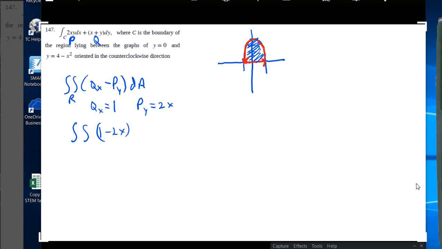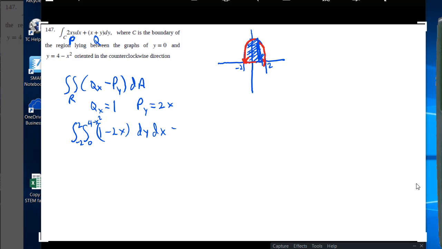And describing this region, like we did in an earlier chapter, we'll let y's go from 0 to 4 minus x squared, and x's from negative 2 to positive 2. So we're doing our y's first, from 0 up to the parabola, 4 minus x squared, x's from negative 2 to positive 2, and that appropriately describes the region.